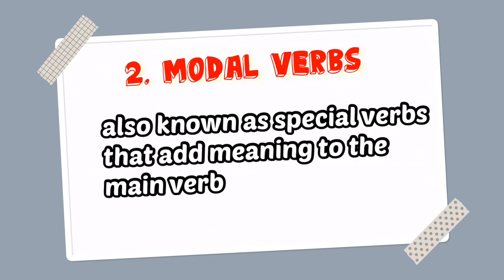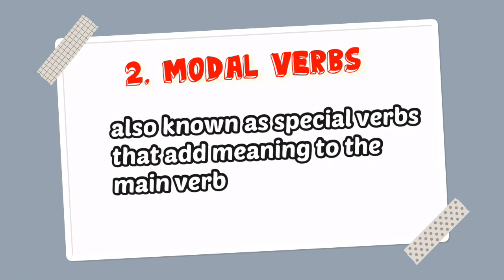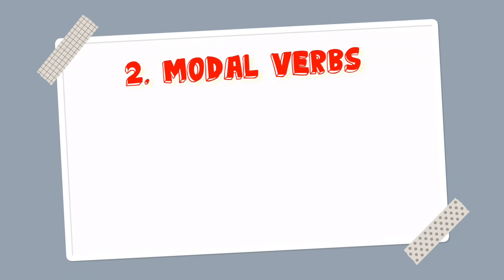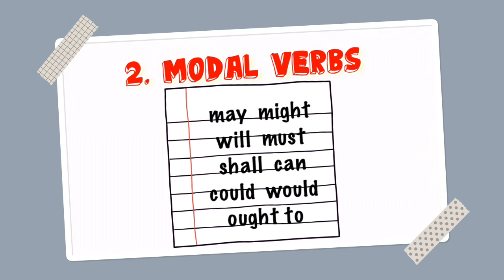Modal verbs are also known as special verbs that add meaning to the main verb. Examples of modal verbs are may, might, will, must, shall, can, could, would, ought to.